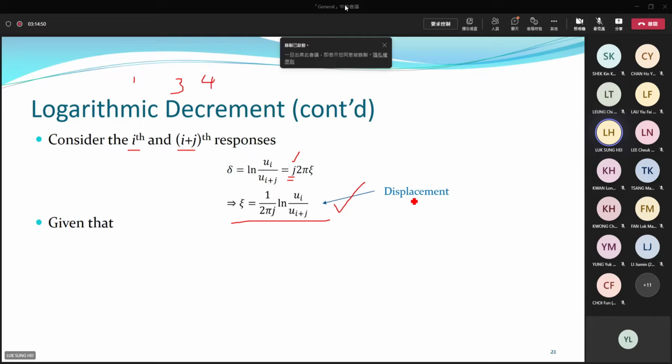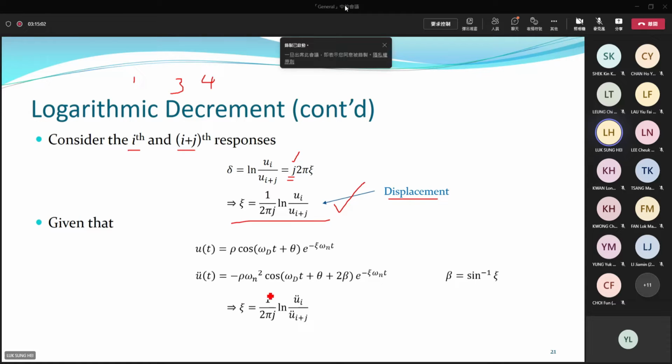You can use displacement to find out the damping ratio, using the displacement plot. When you read the textbook, they also show you that instead of using displacement, you can use the acceleration history to estimate damping ratio. The reason why the textbook mentioned acceleration is one very practical reason.